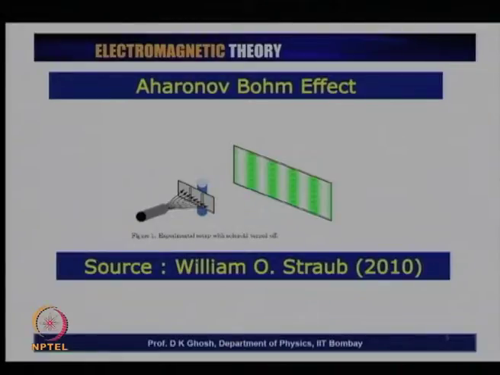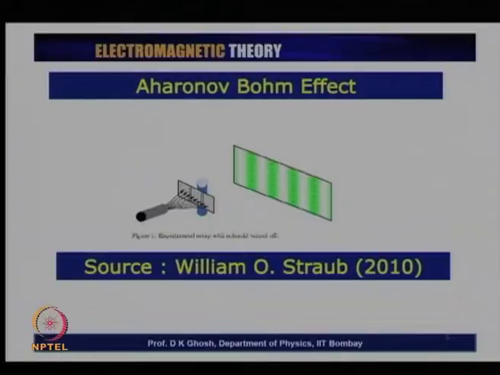The Young's double slit experiment is not just restricted to light, it can be done by electrons or any other beam that you feel like. Now, notice that what is done in this experiment is that this is of course the beam of electrons, which is shone on a double slit, and just outside, between the screen and the slits, I have put in a rather small size solenoid.